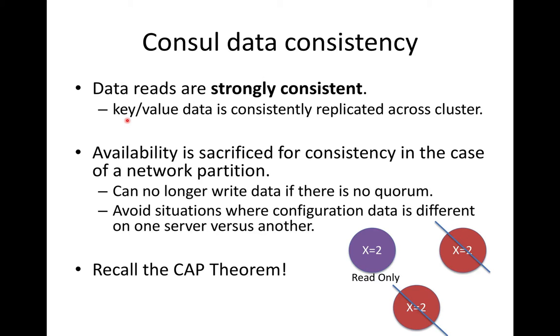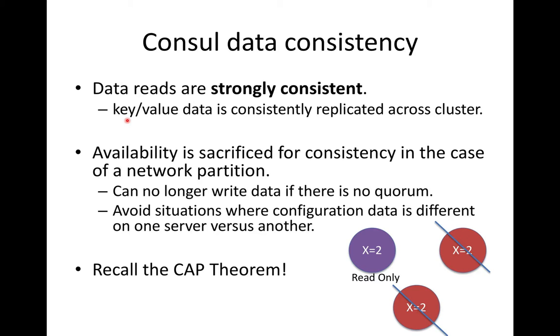And because Consul values strong consistency, it will actually sacrifice availability for consistency in the case where there's some sort of Consul server failure or network partition.